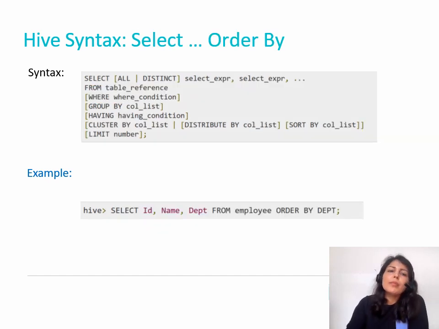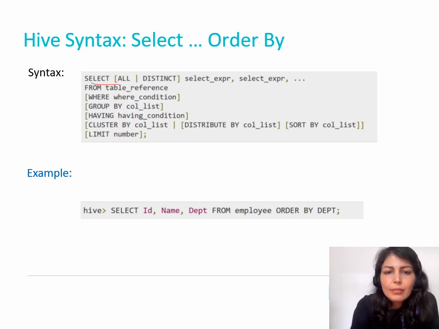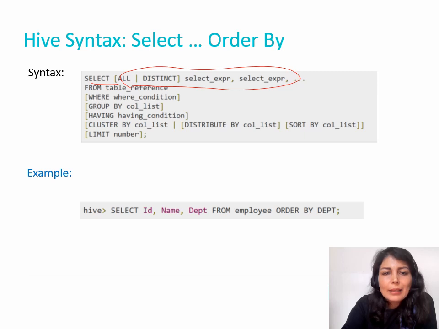Select order by. This is another statement, another SQL query in Hive. You can select, as before, some columns or all columns, and then you can order it based on one of the columns. Here is the example.